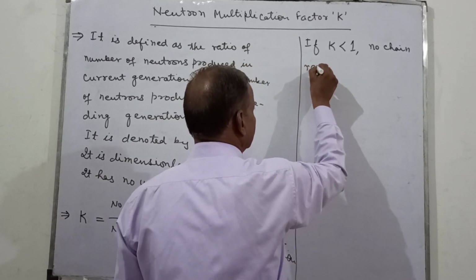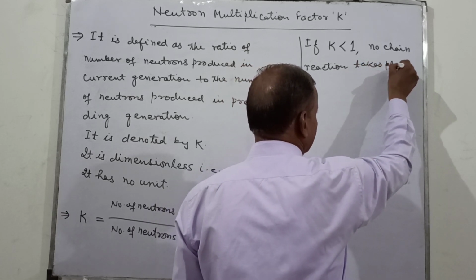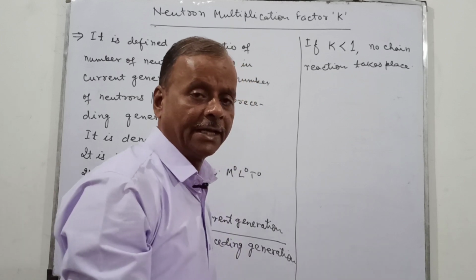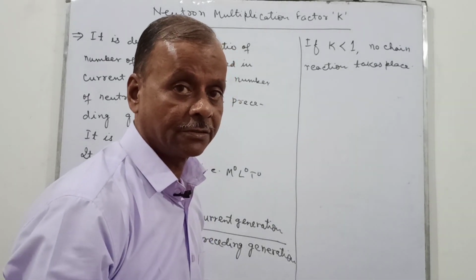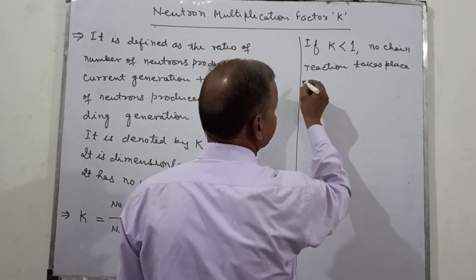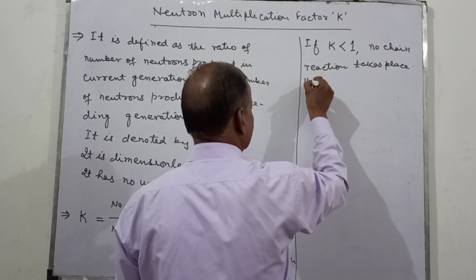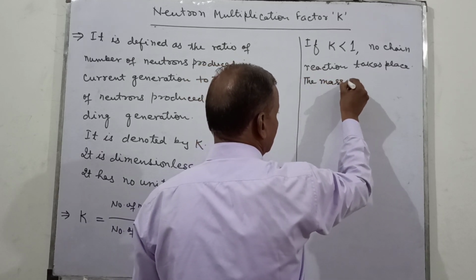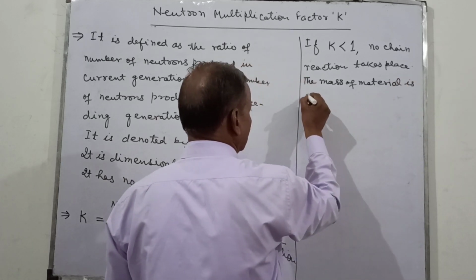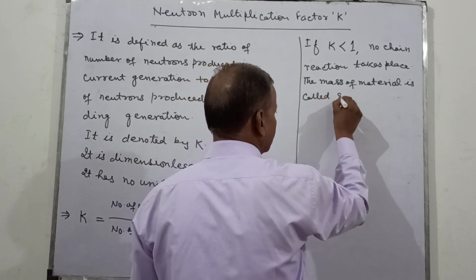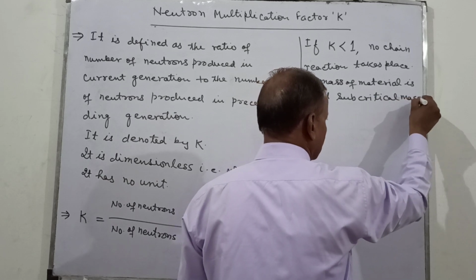No chain reaction takes place. चेन रिएक्शन होता ही नहीं है, यानी कि अगर स्टार्ट भी हो गया तो तुरंत बंद हो जाता है। So this is the subcritical mass. The mass of material is called subcritical mass.